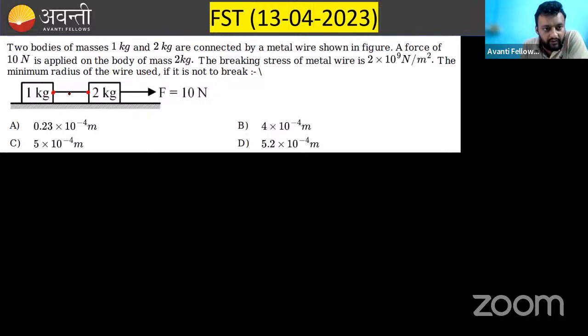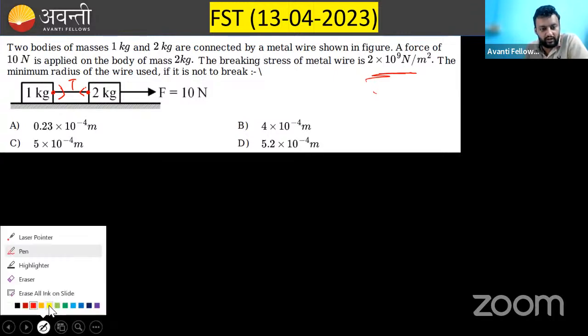Tension is always opposite to the contact points. Let's suppose this tension is T. Here, the breaking stress is given as 2 into 10 to the power 9. The radius of the wire is asked.